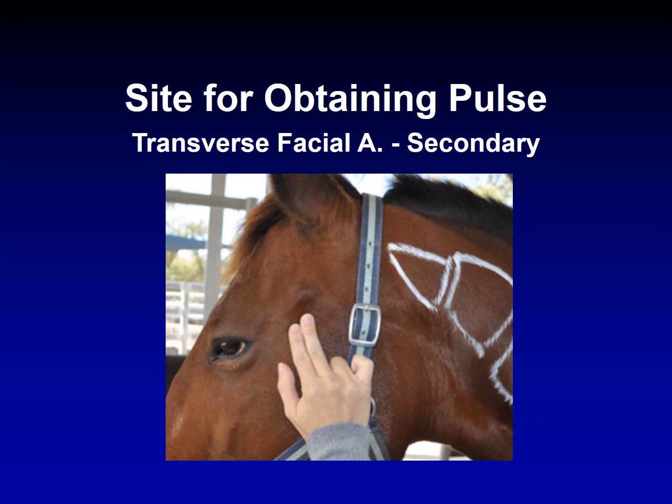You can see how the clinician is putting his two fingers on the artery to basically also measure the pulse. That's a secondary one after the facial artery or the mandibular artery, which I showed you in the previous picture.